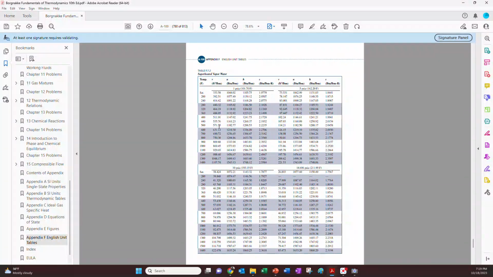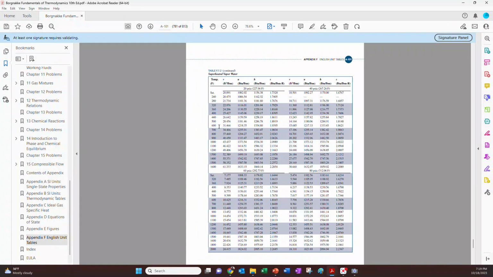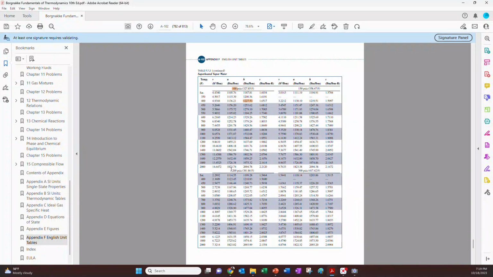F.7.2, because we want superheated. We're going to assume it's superheated. That's a good assumption. 250. So we're right in between this one and this one. Would have been nice if they had done it. And we're also here at 700.